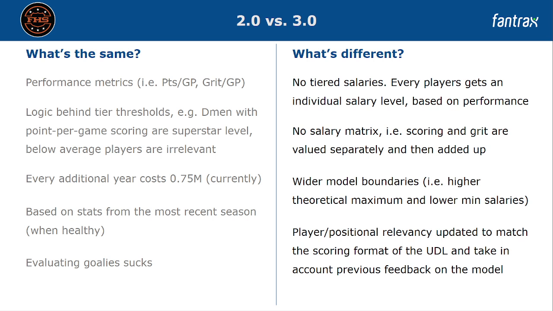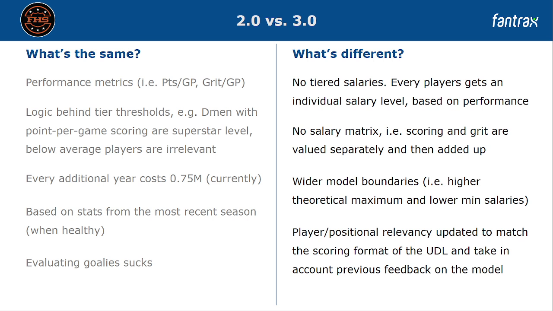The salary metrics that we used until now with the different tiers, like the above average tier and very good tier, are going to be scrapped. The scoring component and the grid component will be scaled and valued separately, and then summed up to give the total salary for the restricted free agent.